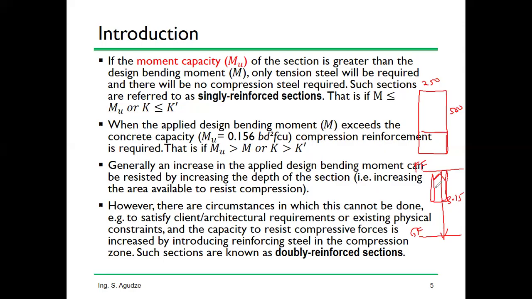Then it means you don't have the luxury to continue to increase your depth because you want the beam to be designed as singly reinforced. So because of depth, story height restriction and all that, there are instances where we would just have to provide reinforcement in the compression zone rather than increasing the depth of the beam to ensure we have a singly reinforced section.